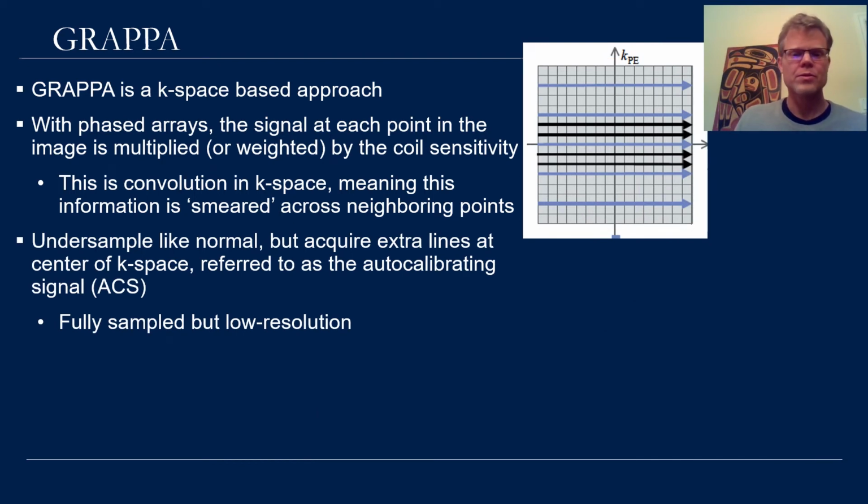And so what we would do for GRAPPA is undersample like normal, like you showed before, skipping phase encoding lines, except we need to acquire a few extra lines in the center, which are commonly referred to as the auto-calibrating region or the auto-calibrating signal. And this is fully sampled but at coarse spatial resolution.